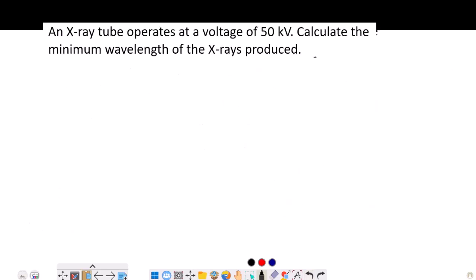Now next problem. Here it says an X-ray tube operates at a voltage of 50 kilovolt. Calculate the minimum wavelength of the X-rays produced.